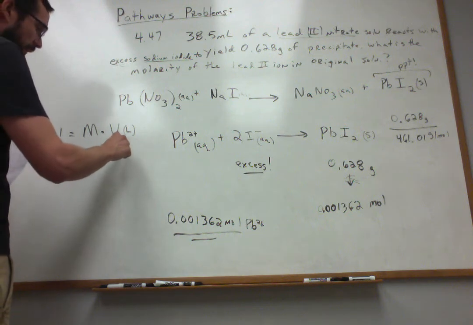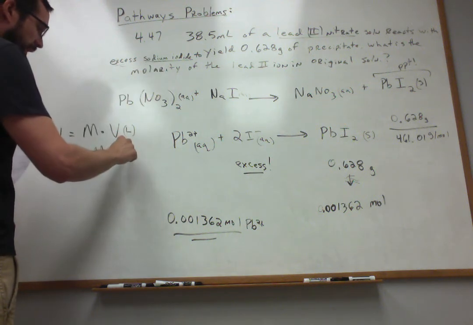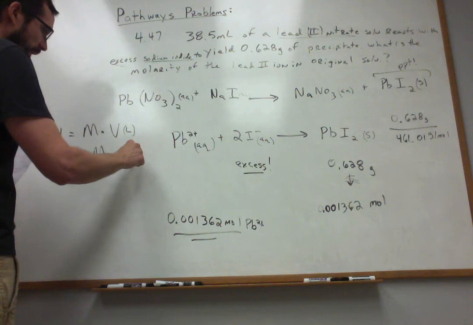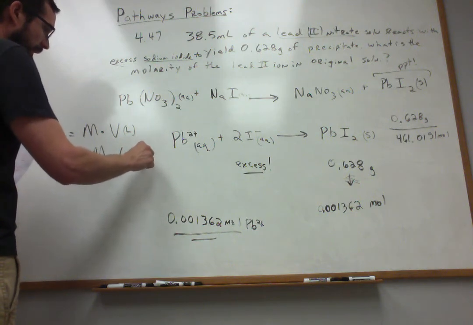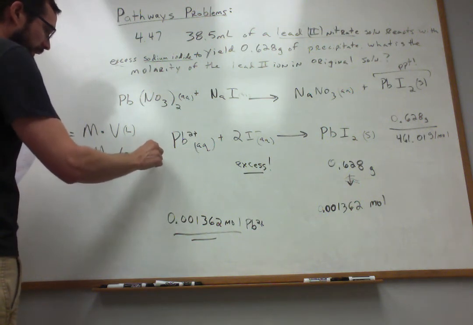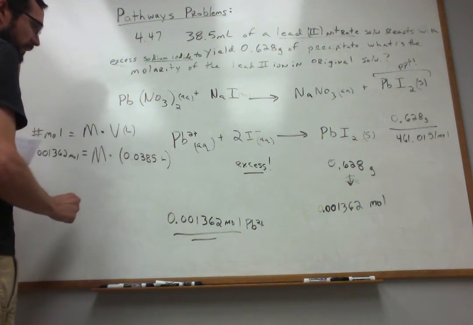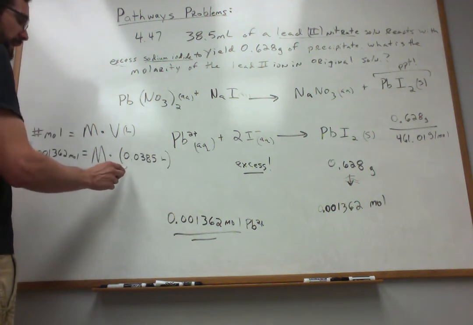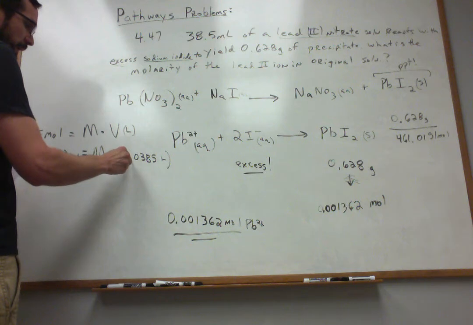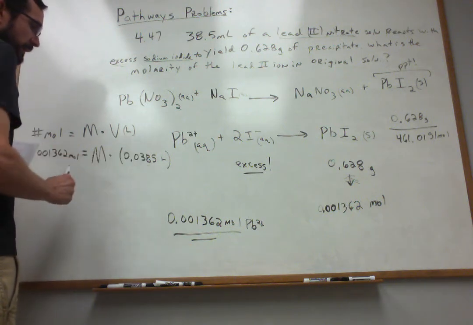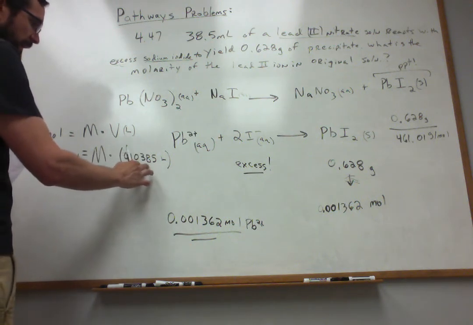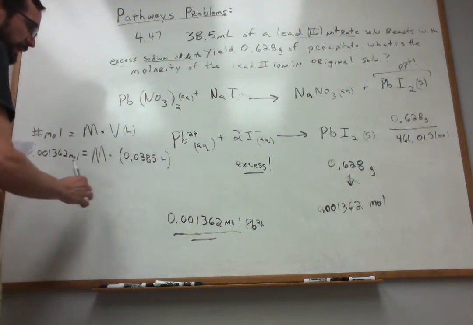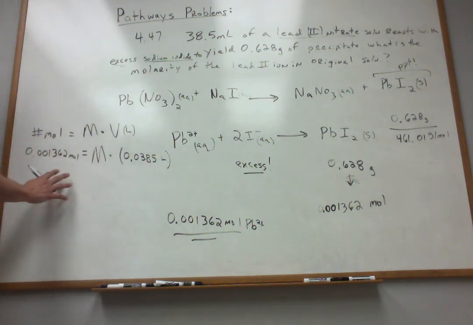Now my volume in liters, what is that? Well, I was given that in the problem kind of indirectly, because I was told that I used 38.5 milliliters, right? So if I convert that to liters by dividing by 1,000, moving the decimal 3 spots, it's 0.0385 liters of solution. That times my molarity has to equal this number of moles, right?